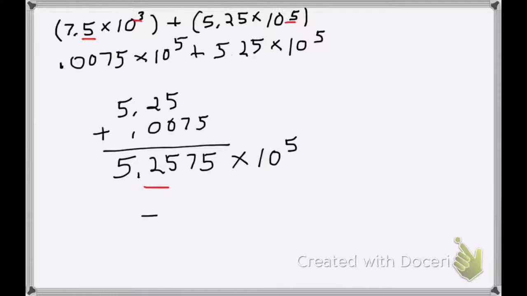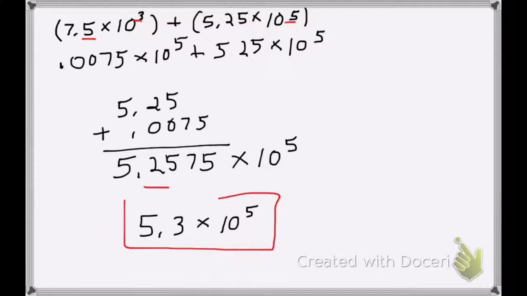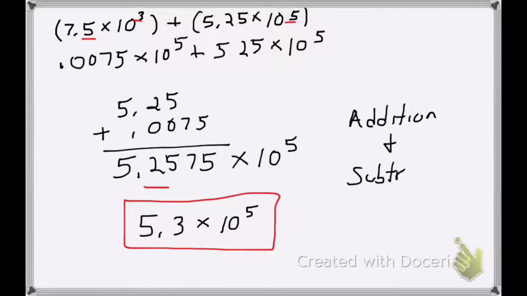So in our case, 5.3, since it got rounded because of the 5 after the 2, times 10 to the fifth is our final answer. Addition and subtraction share the same rules with scientific notation.